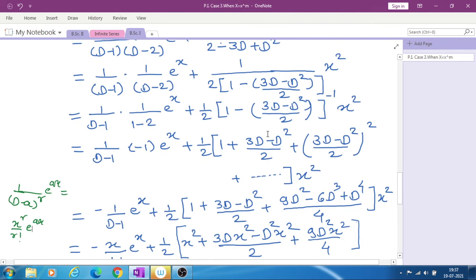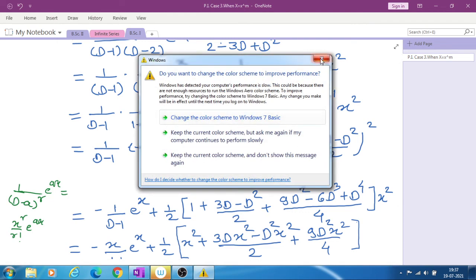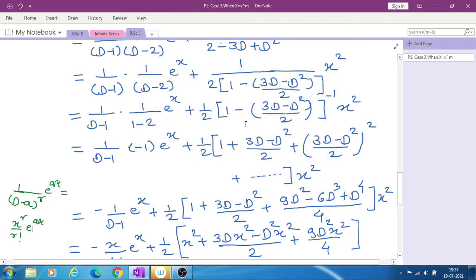Now in the next step we have to take this denominator to the numerator, and therefore the 1/2 is outside, and this bracket comes to the numerator, and therefore the bracket is raised to minus 1.